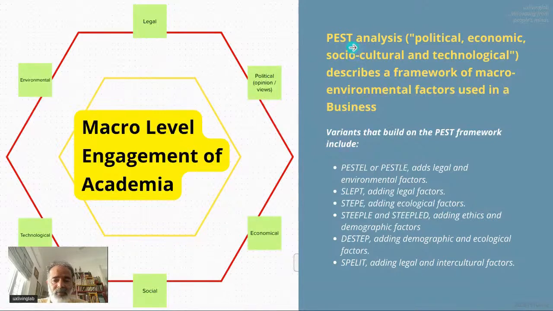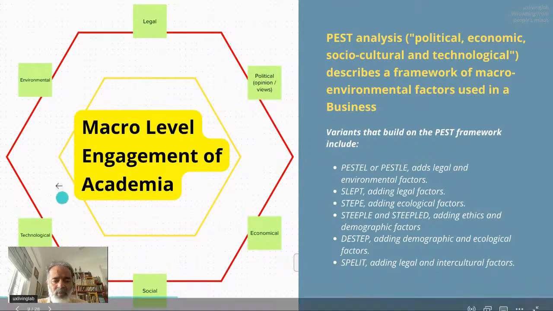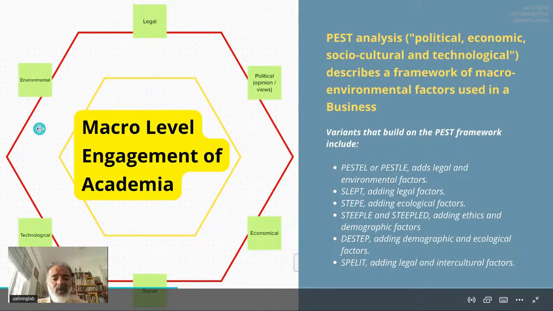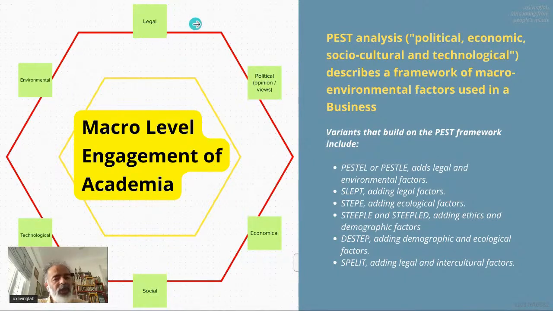In the PEST, there are only four components. Then in PESTLE, there are six components. These are the six components where you can engage academia. The legal aspects: to study the legal aspects of the problem, you can engage academia according to their expertise. Political is a strategical issue, so you can engage the management people from academia, those specialized in management, maybe MBAs and also management experts.